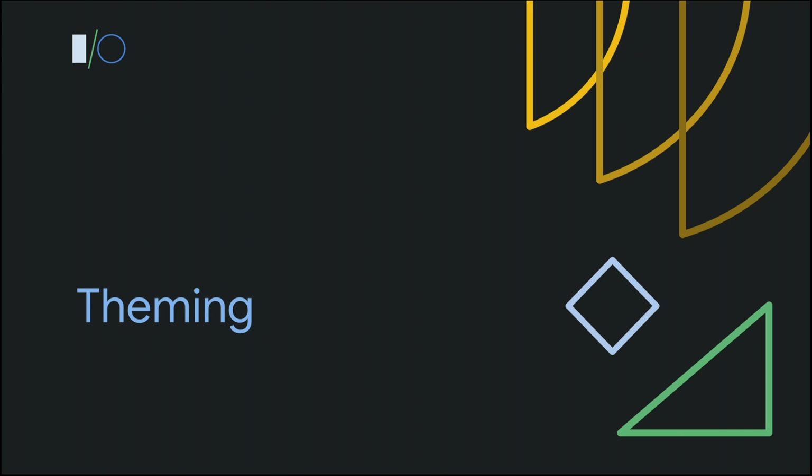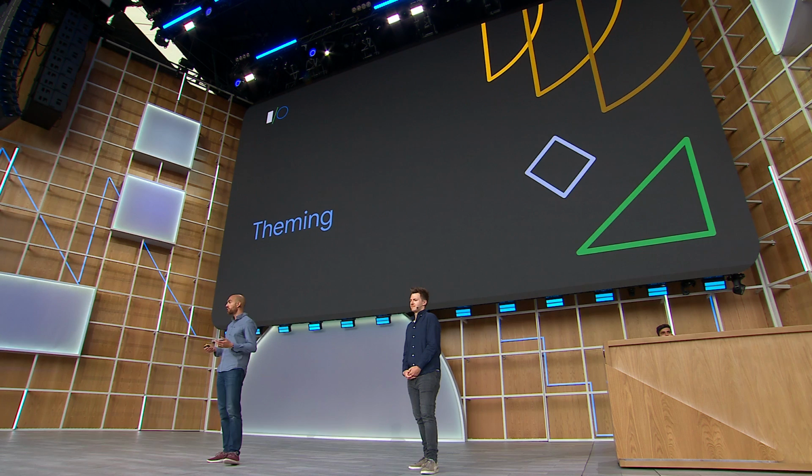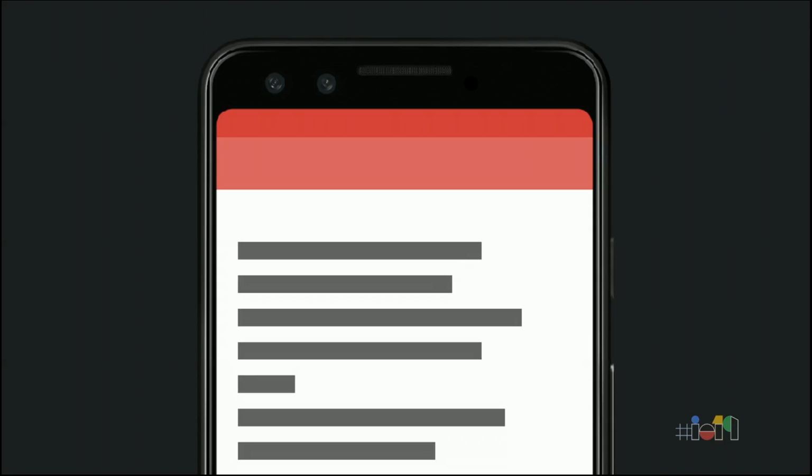Now, implementing dark themes, as we said, comes down a lot to good hygiene with your application's themes and styles. And we'll give you some specific tips and gotchas when implementing dark modes. Quite commonly, we've seen an issue where applications which are designed for a light screen, where they might have dark text on a light background, when they apply a dark theme to the app, see an issue like this, where you end up with, say, dark text on a dark background, which you end up not being able to read.